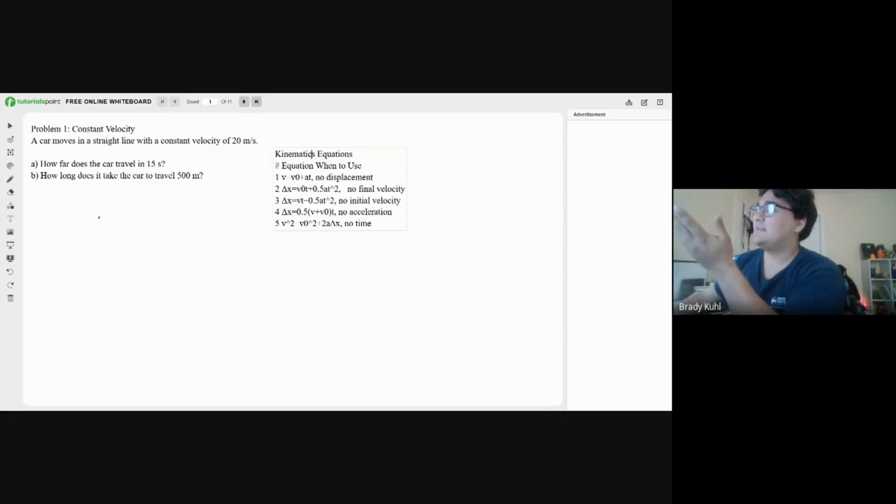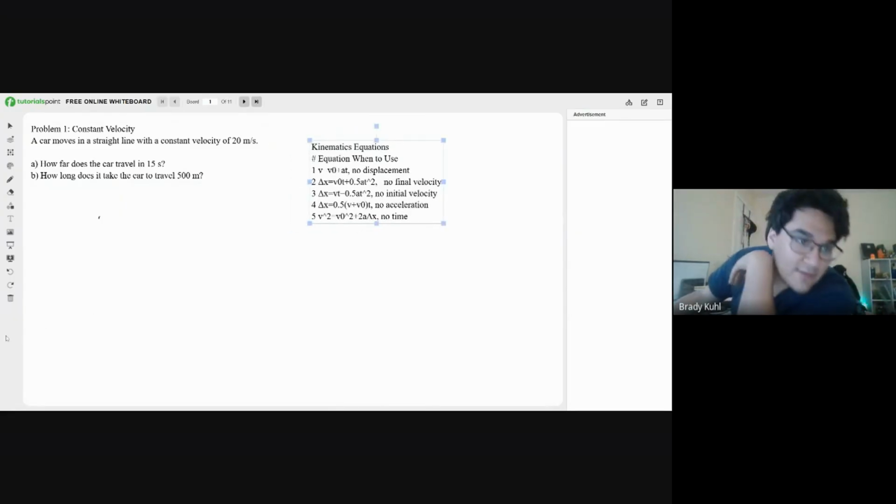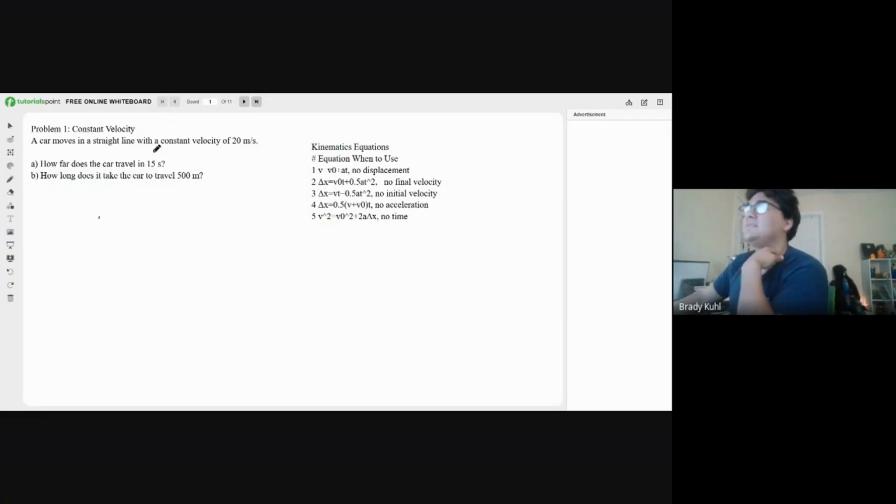This is the kinematics table, a quick reference. Constant velocity, so let's see.